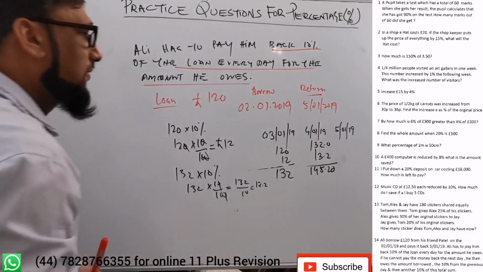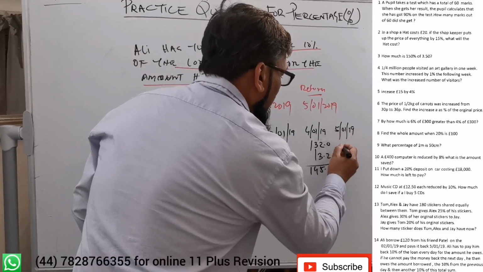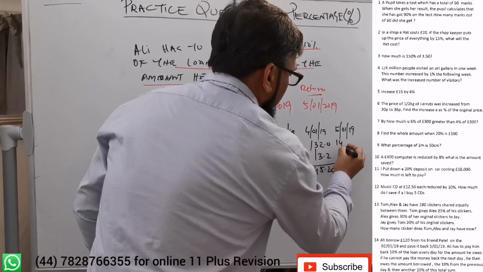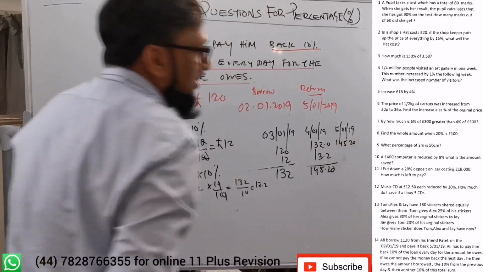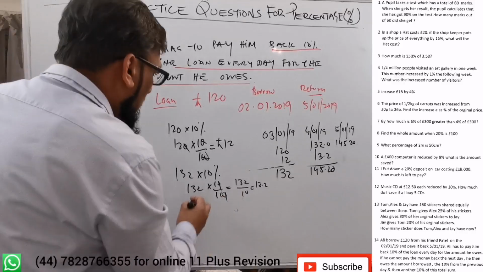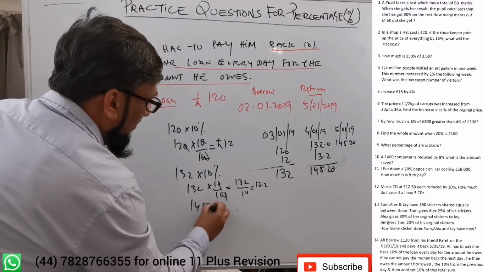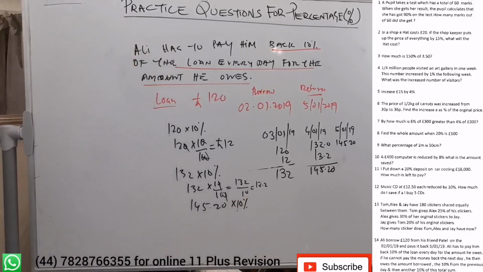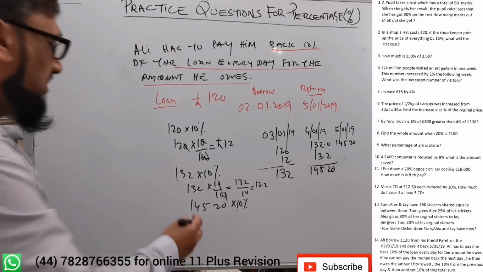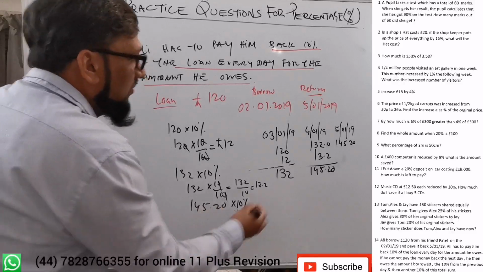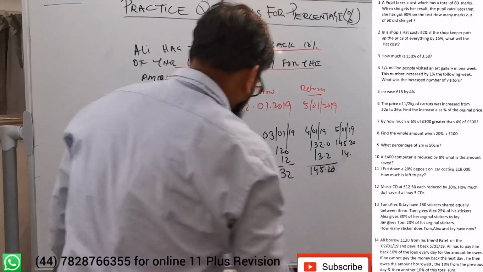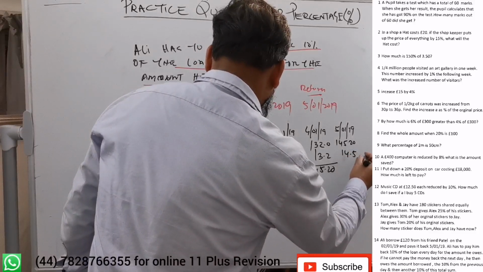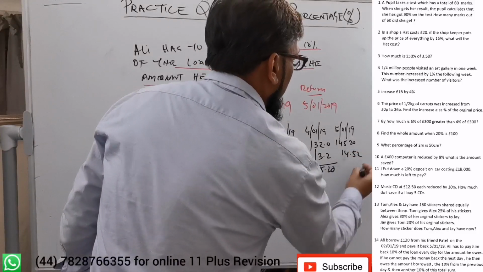So it means on the 5th of January he has to return the money, but needs to pay interest as well. So 145.20 times 10%. So the 10%, one decimal will be moved, which is 14.52.